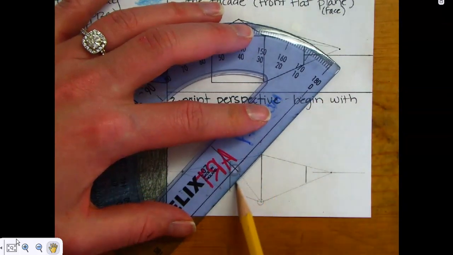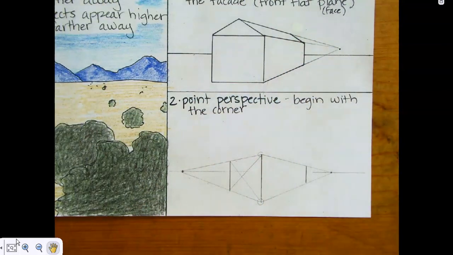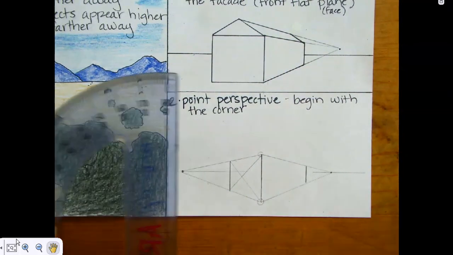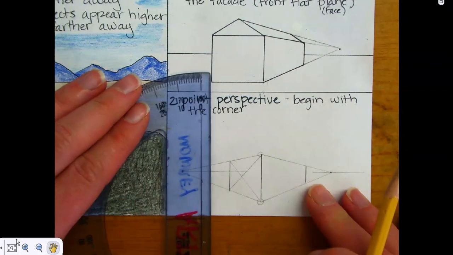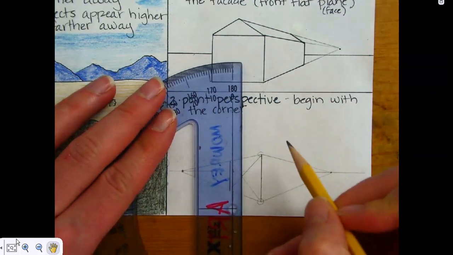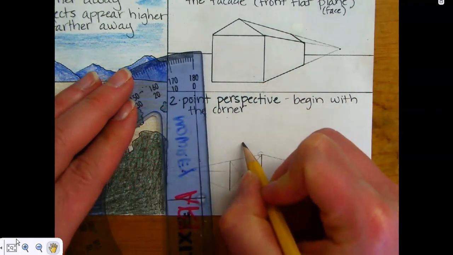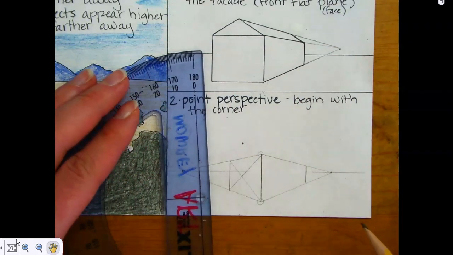So top right corner to bottom left, top left corner to bottom right. And where they cross is your center, okay? So where the lines cross is where you're going to put your little gable peak of your roof.